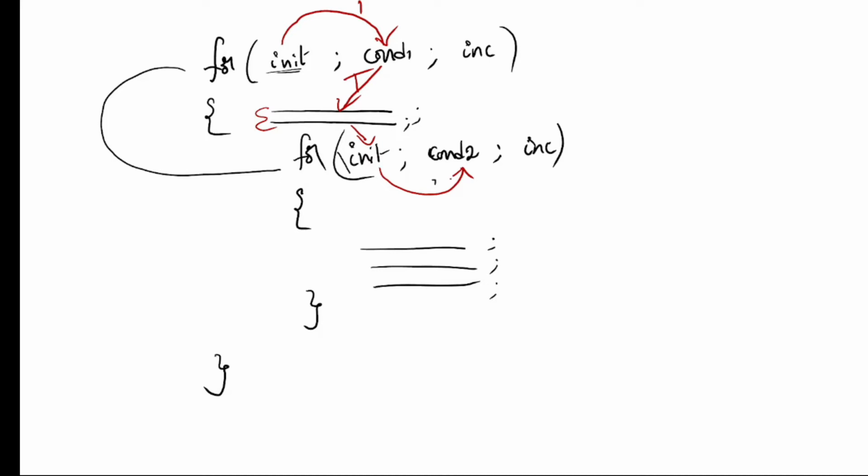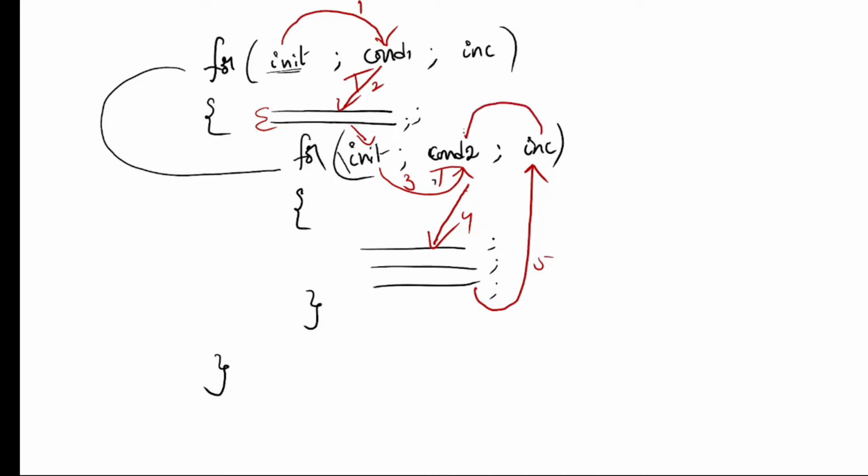If this condition is true, then control comes to here. All these statements will be executed. After execution of these statements, control comes to inner for loop incrementation. This is the second step, this is the third step, this is the fourth step, and this is the fifth step. Control comes to incrementation of inner for loop.